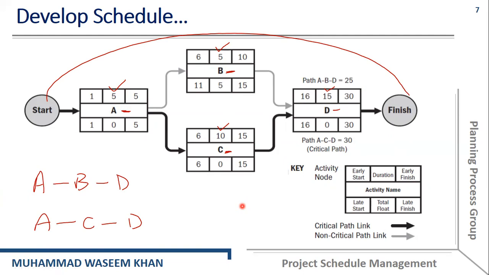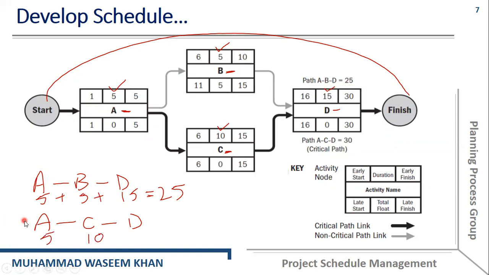If we compute the duration of both paths, for path ABD the duration of A is 5, B is 5, and D is 15, which is 5 plus 5 plus 15, equal to 25. So path ABD has a 25 weeks duration.